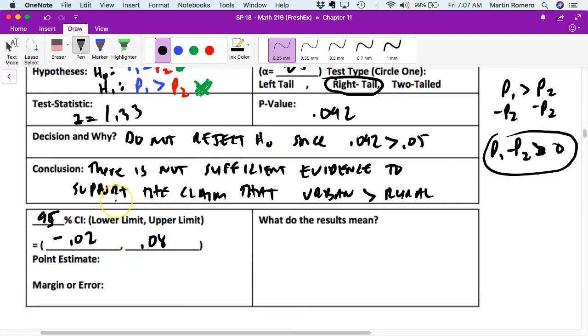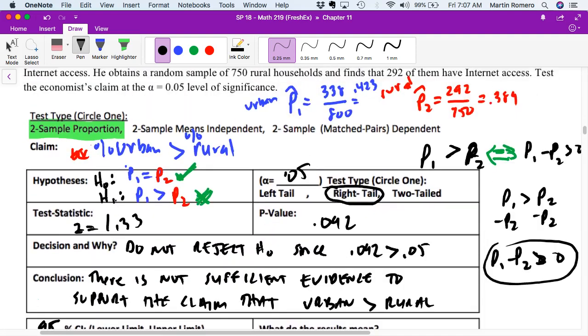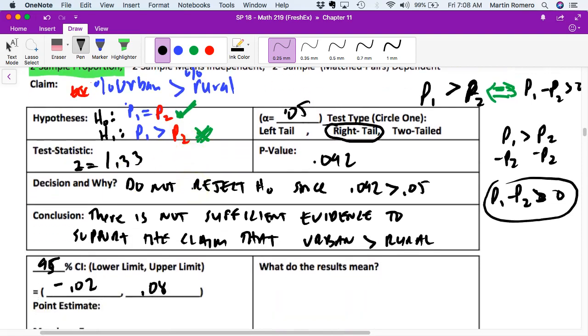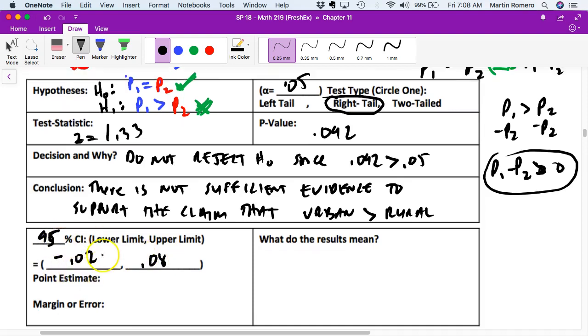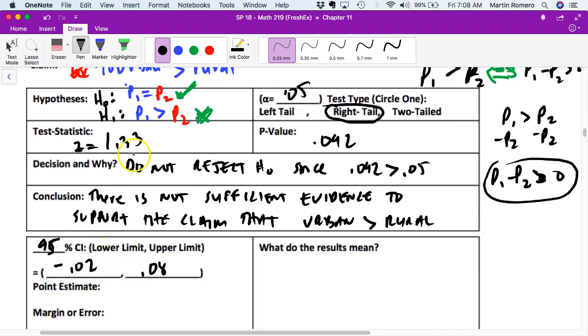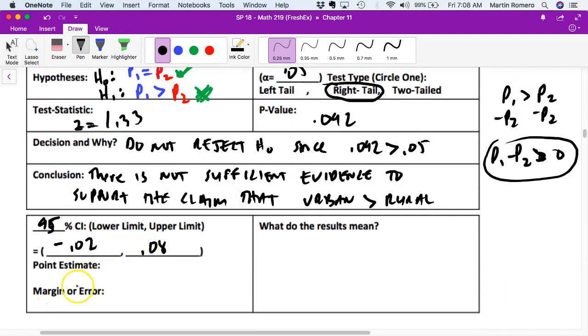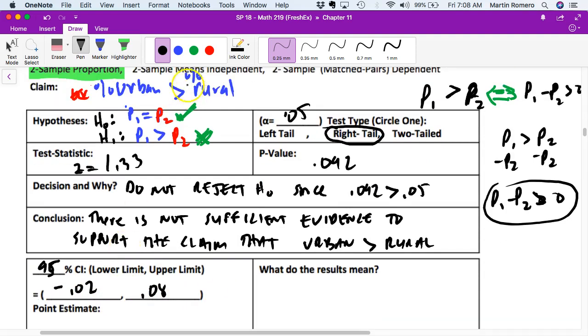So we can conduct a confidence interval test on this also by comparing the proportions. We're 95% confident that the difference between these proportions is between negative 0.02 and positive 0.08, which means it could go either way. One can be greater than the other, or vice versa.